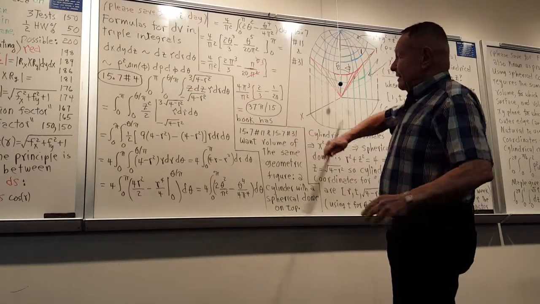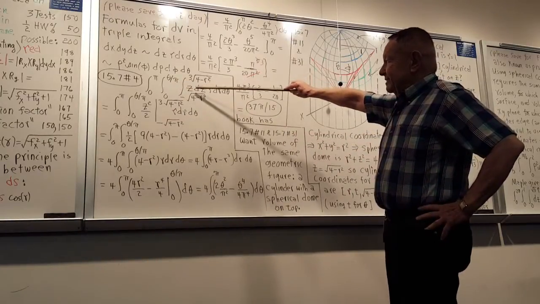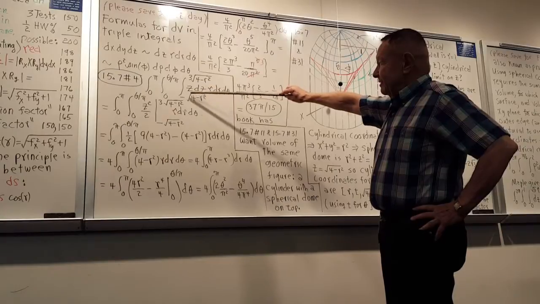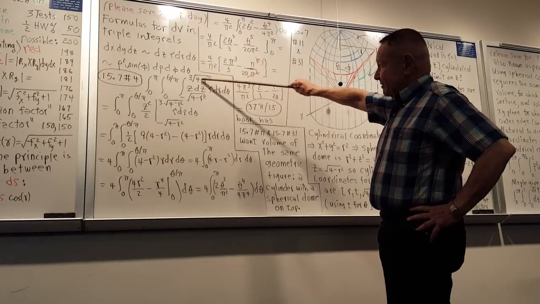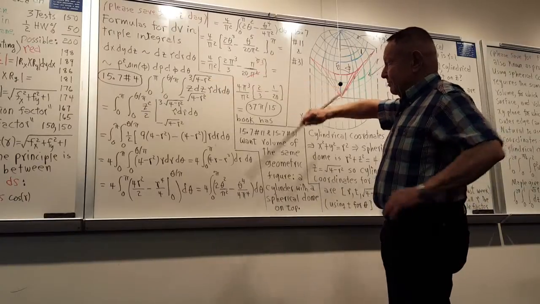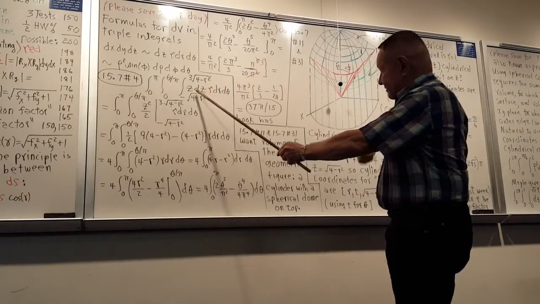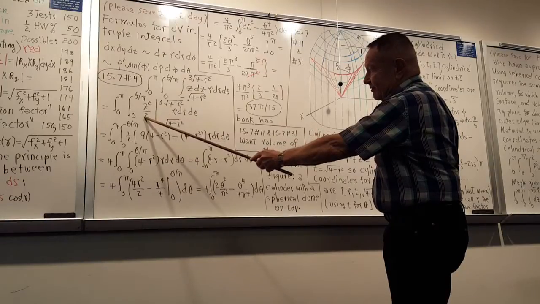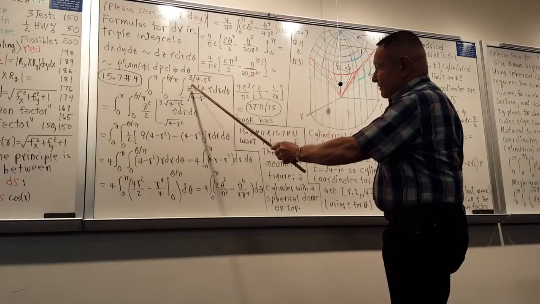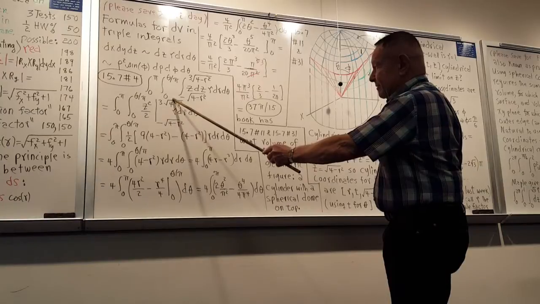So in their setup, you see they have z going from minus root 4 minus r squared to 3 times it, and so on. So you integrate with respect to z, and you get z squared over 2 between these limits.